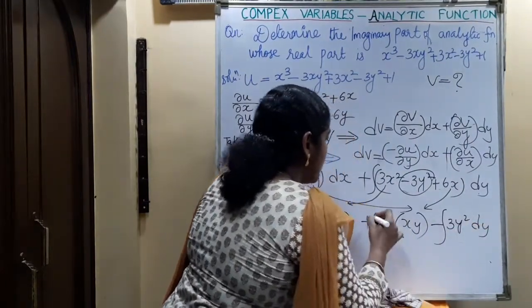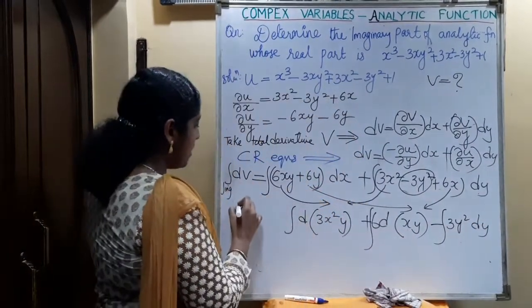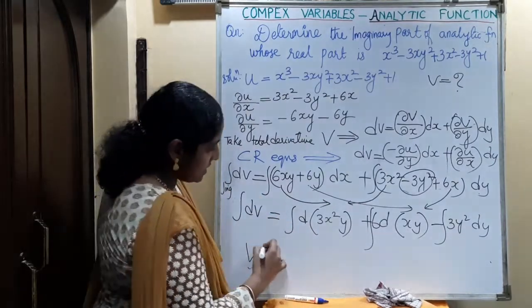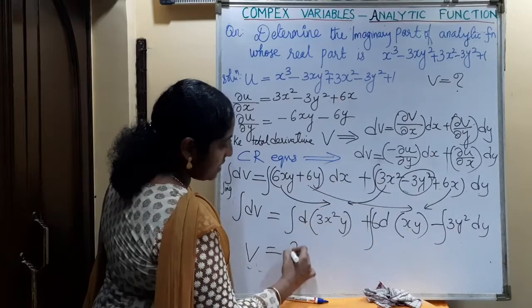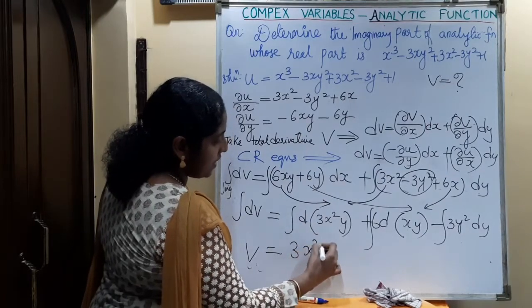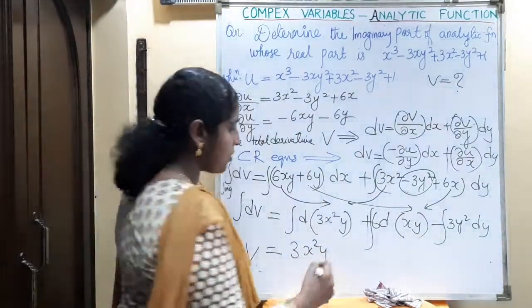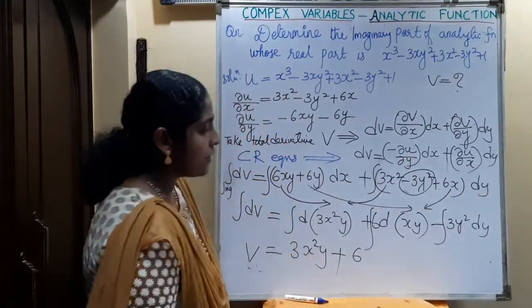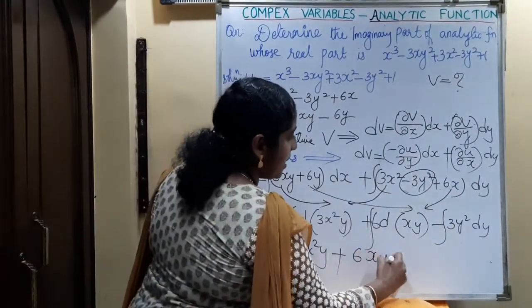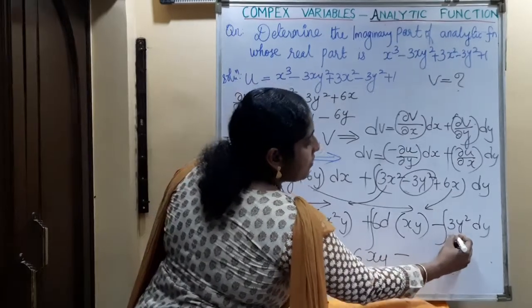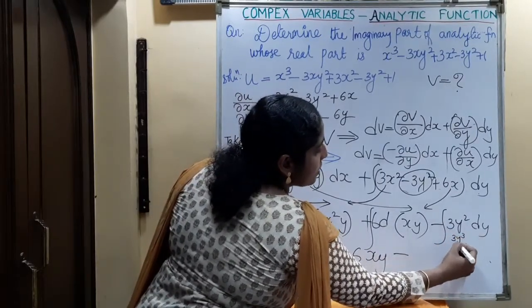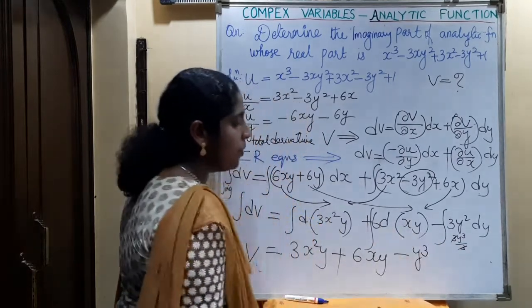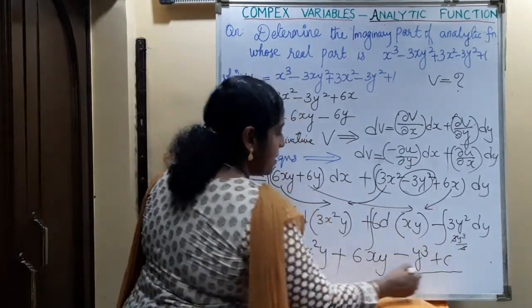So integrating dv, v is equal to 3x square y plus 6xy minus 3y square by 3, that is y cube, plus the constant of integration c.